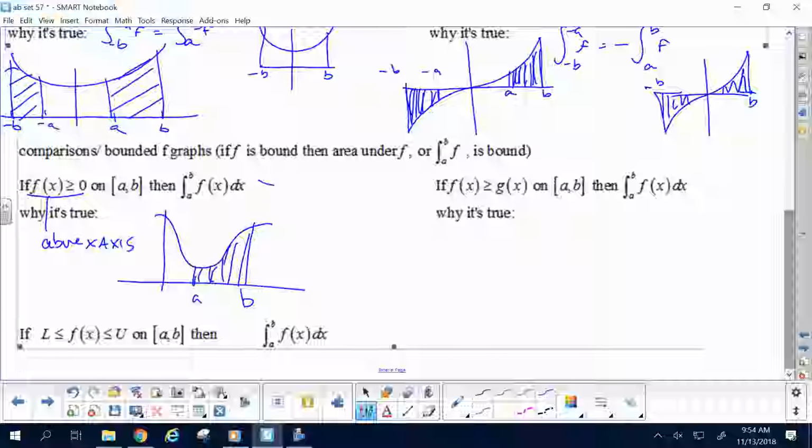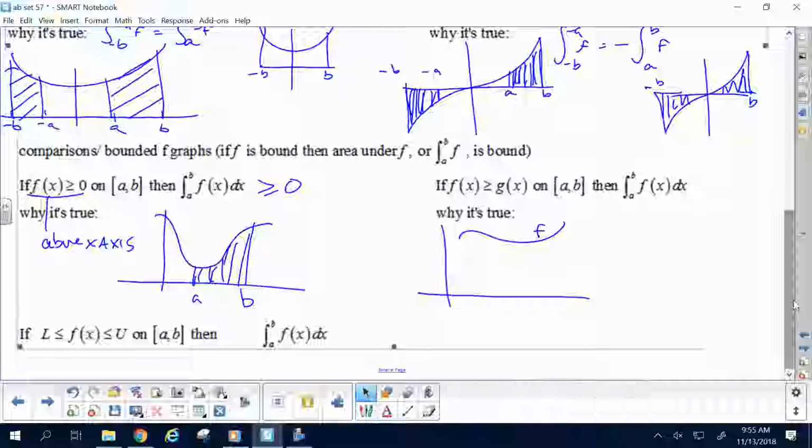It's positive. Okay? If the curve is positive, the area under that curve must be positive, assuming a is less than b, which we'll say it is.